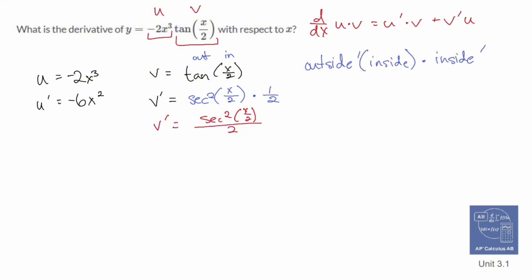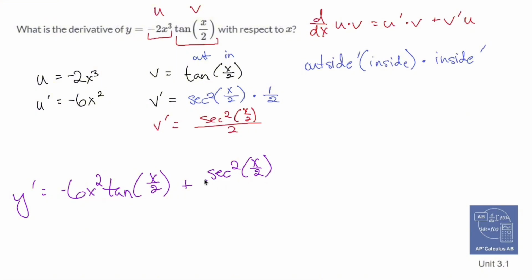So now we have to do power rule to put it all together. I'm sorry, product rule to put it all together. Y prime with respect to x is going to be u prime v, so negative 6x squared times tangent of x over 2, plus v prime u, so secant squared x over 2 all over 2 times u, which is negative 2x cubed.